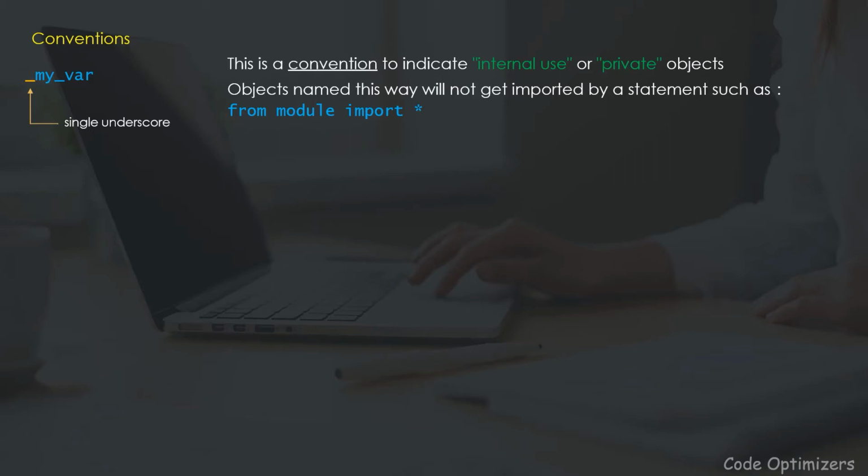What does happen, though, is that if you run, let's say, from module import star, the Python interpreter looks at that and says, okay, you probably mean this to be a private object, so it does not import it. That doesn't mean you can't access it, there are other ways to access it.